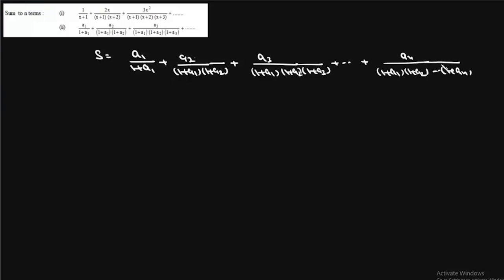Now in this also we need to introduce a negative sign, so we'll add 1 and subtract 1 in each of the terms except the first one, and then we'll split each term in two parts.